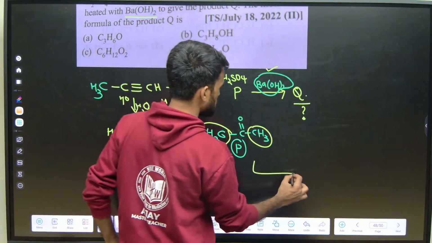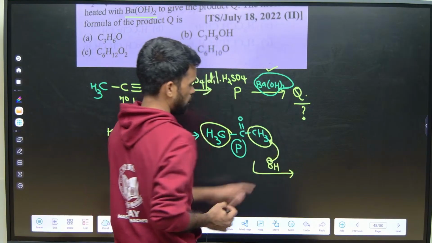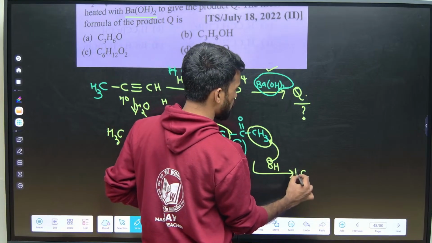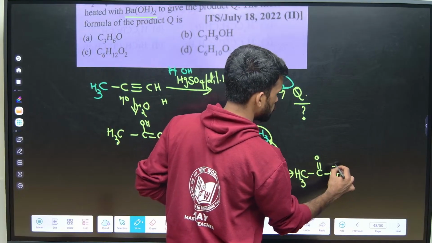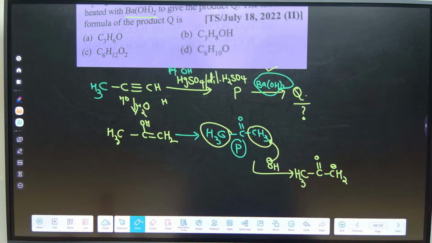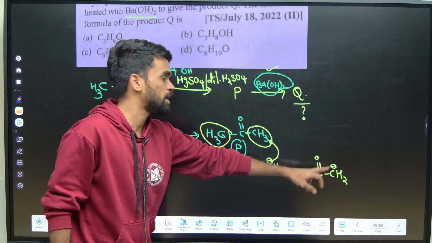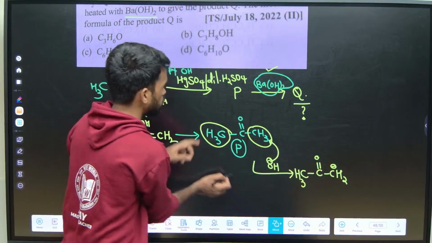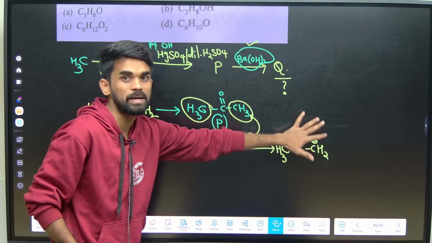Let us take one base like Ba(OH)2. The base abstracts this proton and generates a carbanion CH3COCH2 minus. So alpha hydrogen is abstracted and forms a carbanion like this.